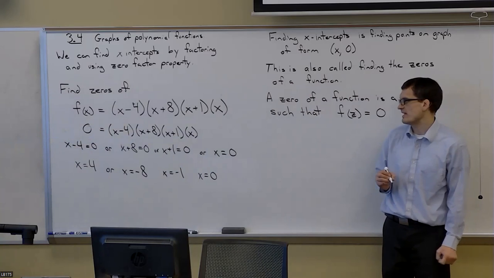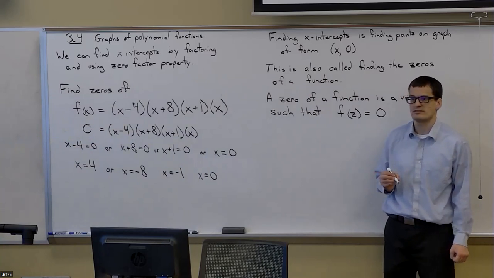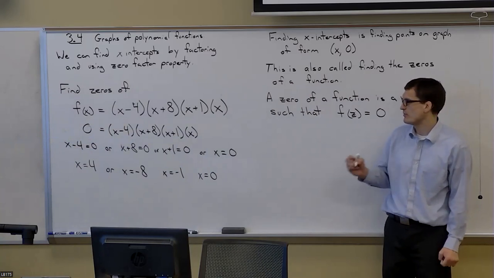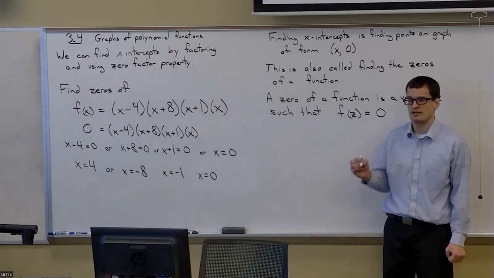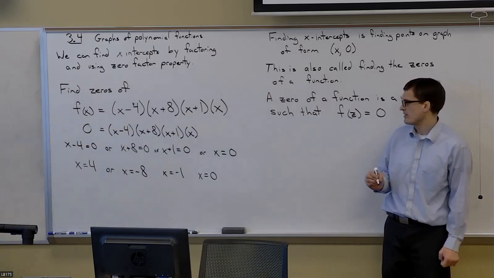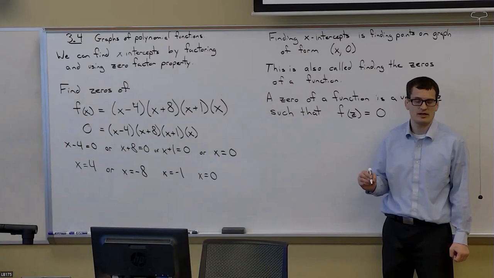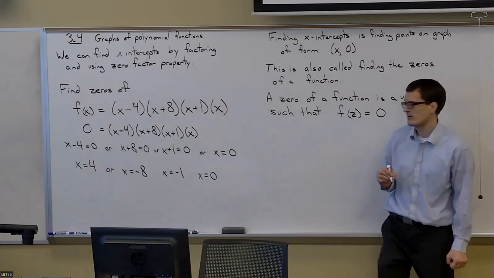Which means that the x-intercepts occur at the point (4, 0), at the point (-8, 0), at the point (-1, 0), at the point (0, 0).